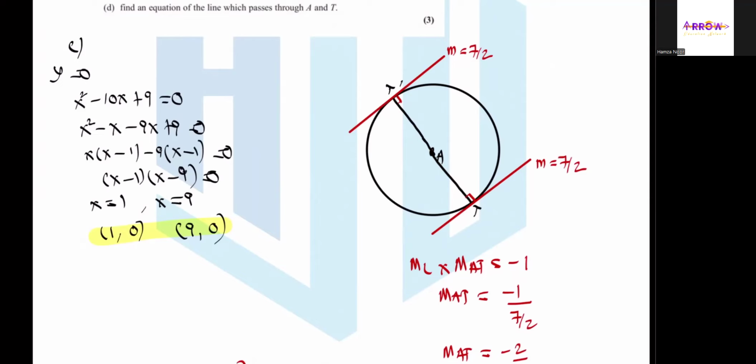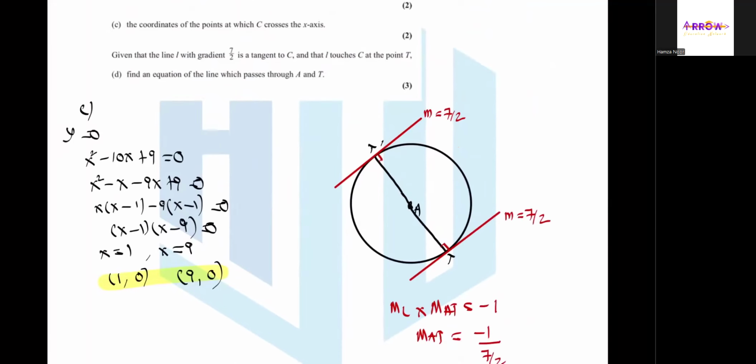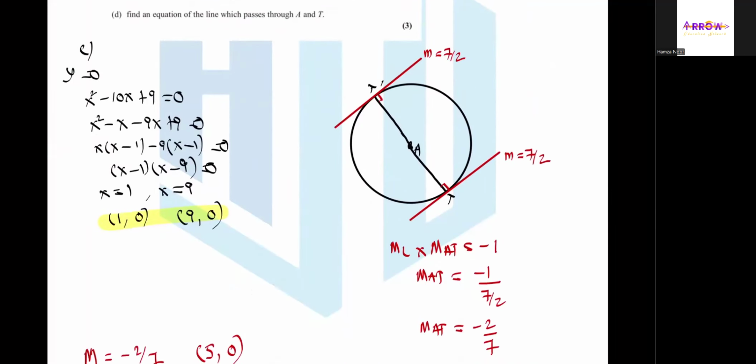So the basic concept is that this tangent and radius are perpendicular to each other. So we can say that the gradient of the line L multiplied by the gradient of AT is equal to -1. And since the gradient of the line L is given to you in the question, the gradient of AT is supposed to be -2 over 7.